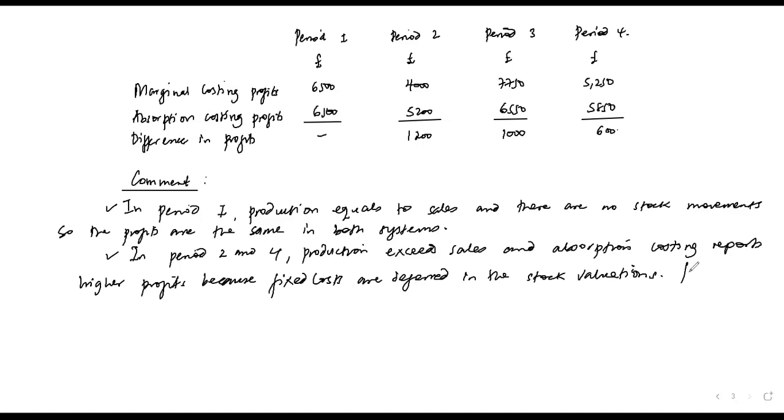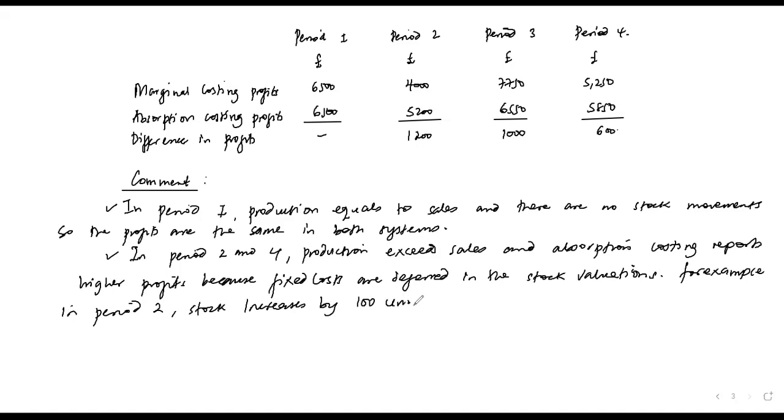For example, let us look at period 2. In period 2, stock increases by 100 units.